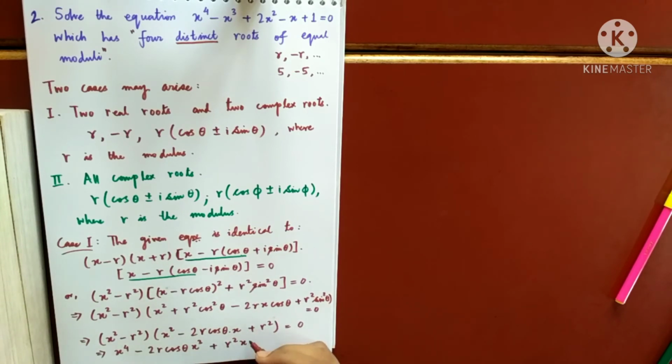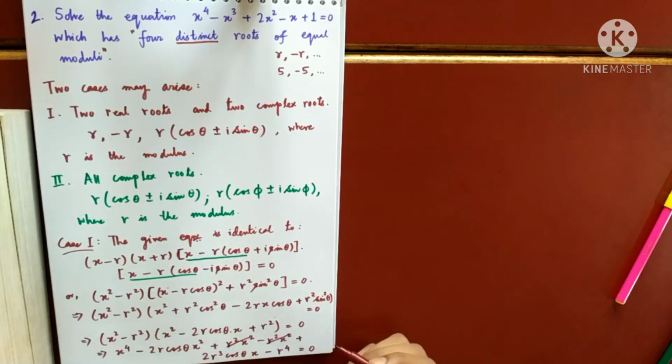Let me write it down, otherwise you get confused. So I have multiplied x square with every term. Similarly, multiply minus r square with every term. So what will I get? Minus r square x square plus 2r cube cos theta x minus r to the power 4 equals 0. You see here r square x square minus r square x square is 0. That is getting cancelled.